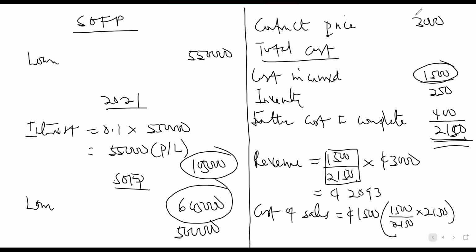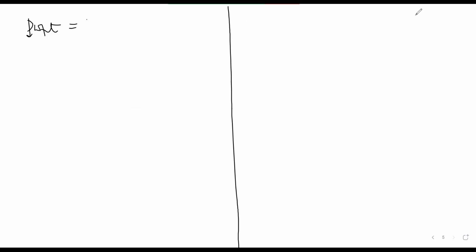So 2,093 minus 1,500, or that will be 1,500 divided by 2,150 multiplied by the total profit from the contract. What are you getting? $593. Okay, 593.